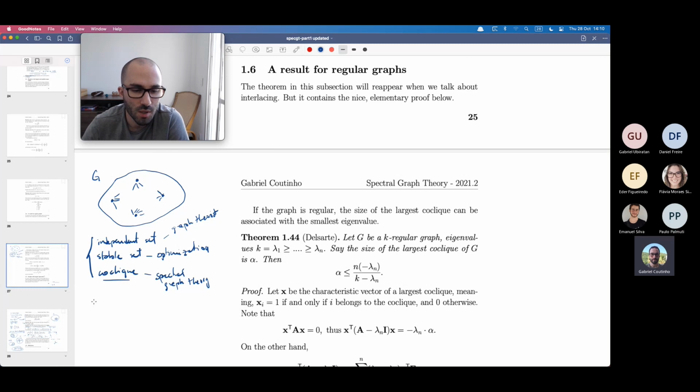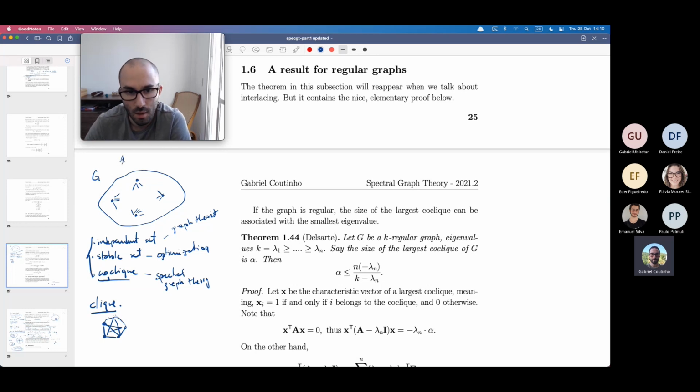Why co-clique? Because clique is kind of a consensus. Everyone, when they speak of a clique, means typically a complete subgraph. So a co-clique is the complement of a complete subgraph. The complement of a clique is a co-clique. But you will see people referring to these things as either independent set, stable set, or co-clique.